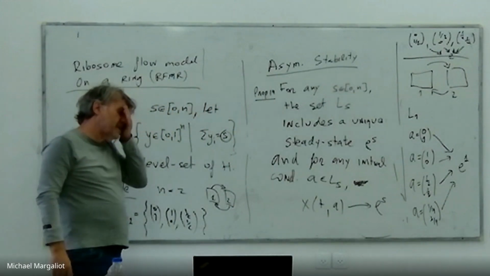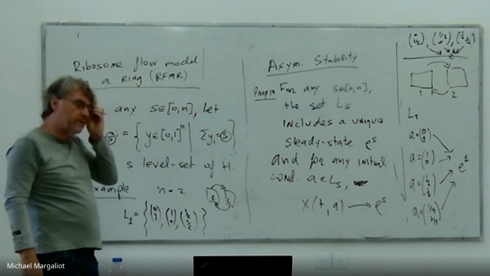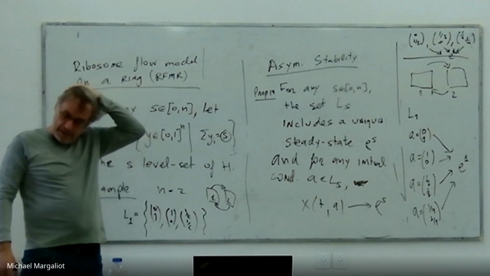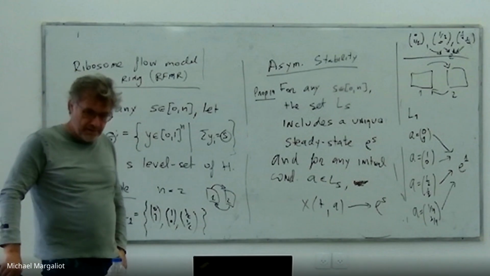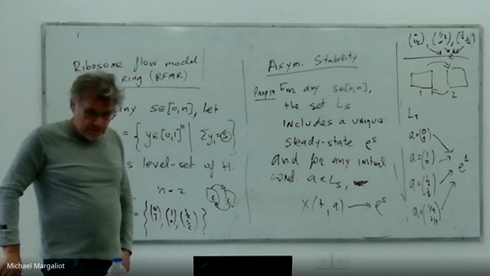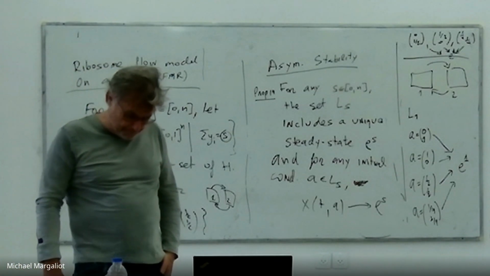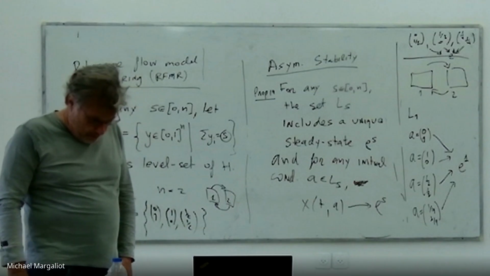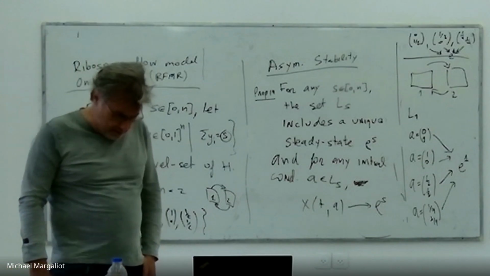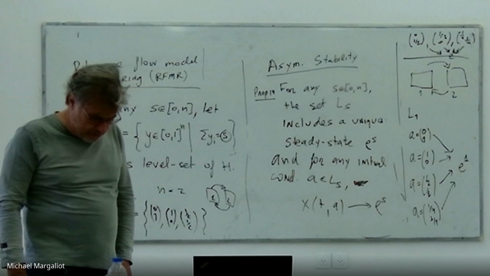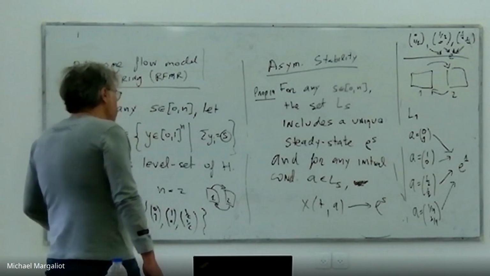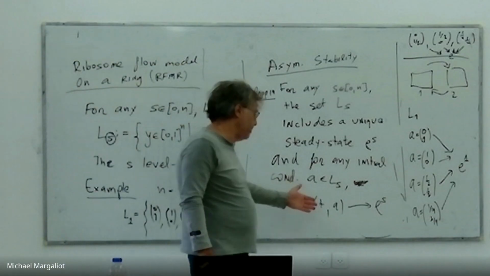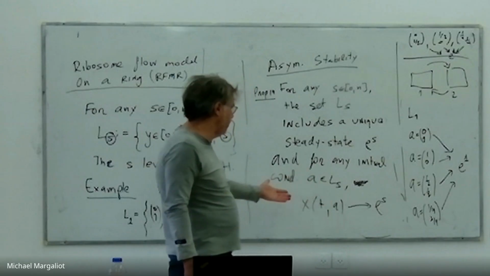The proof of this result is from known results on the behavior of cooperative dynamical systems that admit a first integral. This is proposition number 14 in the lecture notes that I will send you. And this tells me basically that for any initial condition, I will converge to an equilibrium. In particular, why?